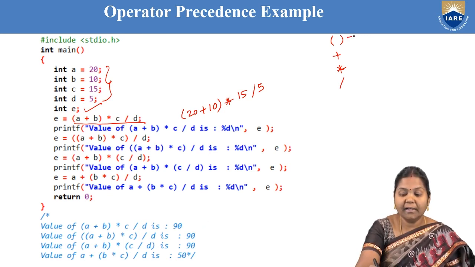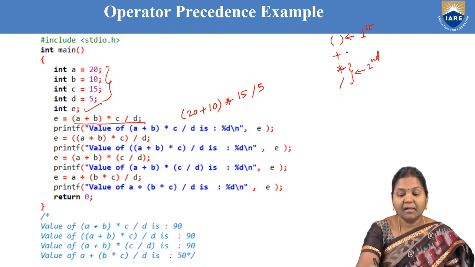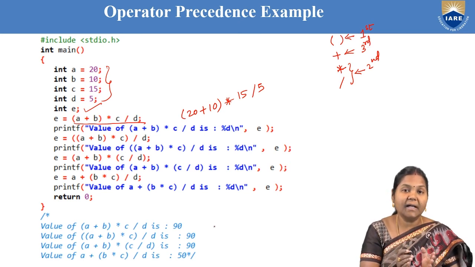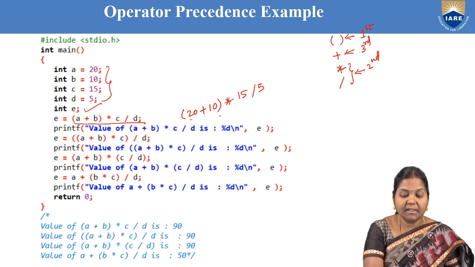Now, you have to write down the priority. The priority of parenthesis is first. Then, multiplication and division have the same priority, with plus being lower. But as plus is inside the parenthesis, it will be evaluated first. So, 20 plus 10 is 30, into 15 divided by 5.